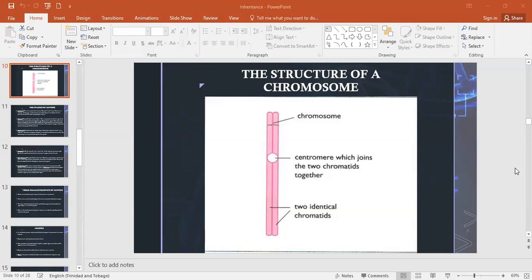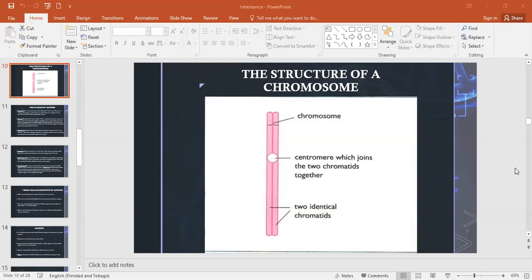And what else happens? Chromosomes become short and thick, and at this point, your chromosomes will begin to separate.